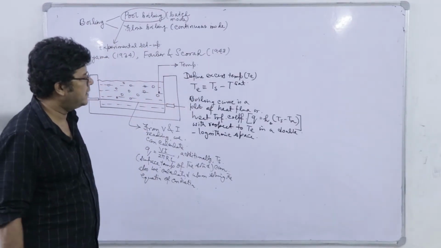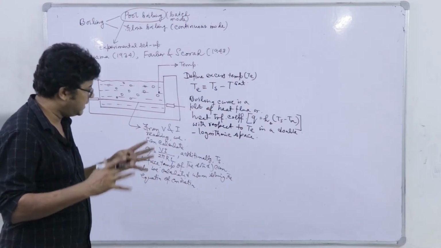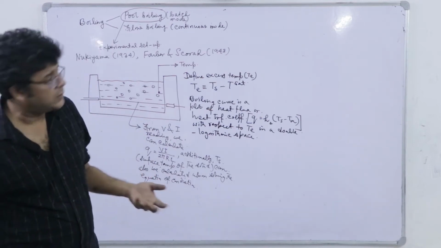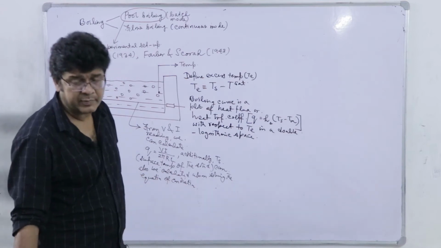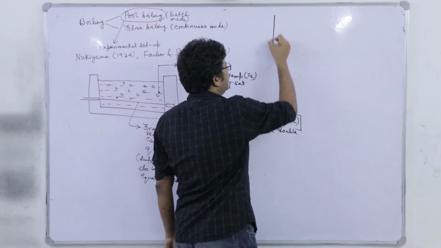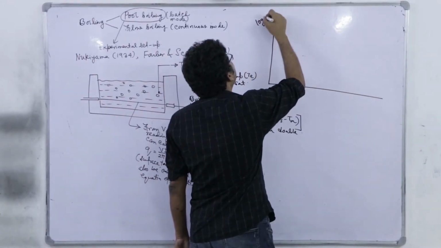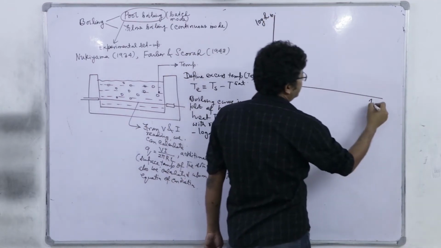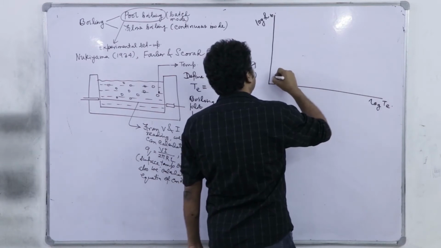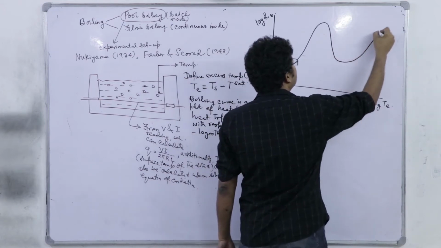Now we will try to discuss the nature of this plot and the different regimes in detail, and what the corresponding physical phenomena are, what is happening, right. So, if I look into this double logarithmic plot, log of Hb versus log of Te, I will get some sort of curve like this.